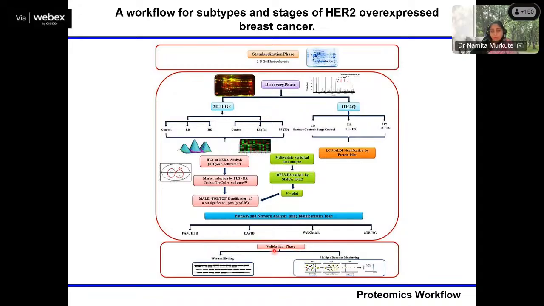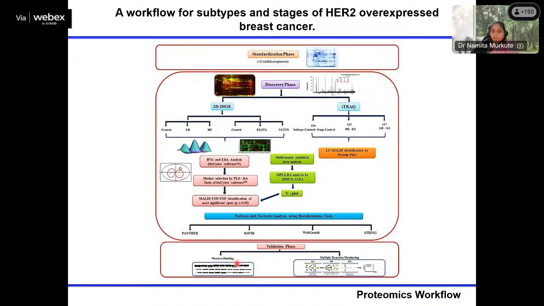And then after doing this, the proteins which you are going to find as a biomarker, for example, I have got the 6 proteins which are expressing in stage 1. So these proteins again I have to validate.